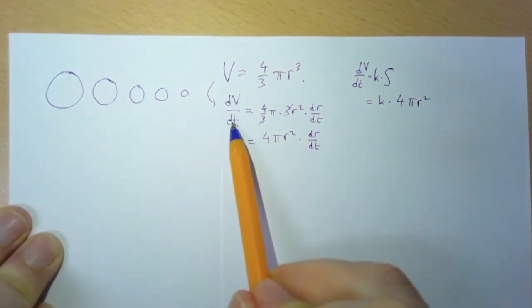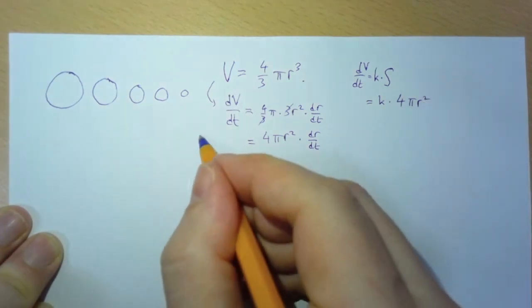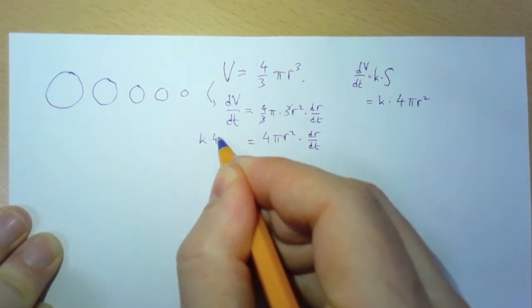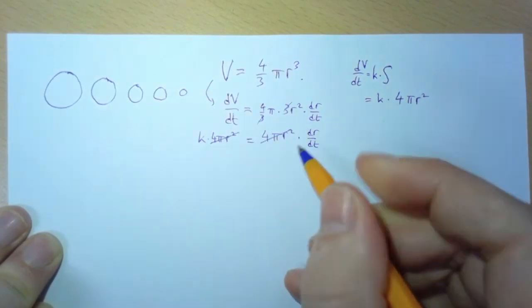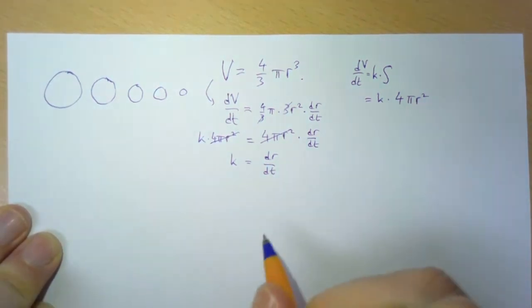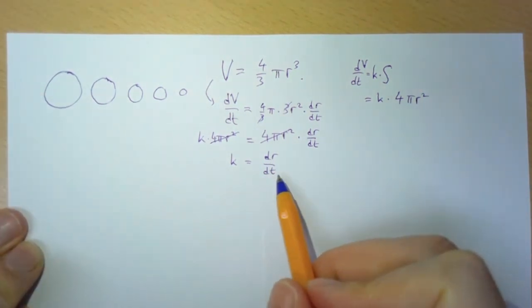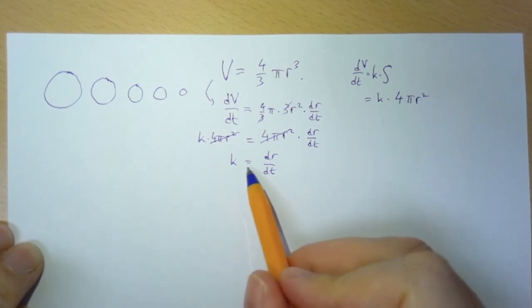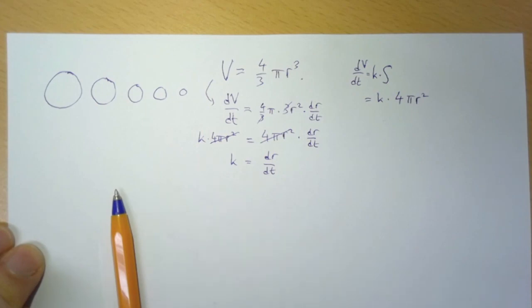But we know that dV dt is equal to k times 4 pi r squared. And look at that, 4 pi r squared cancels out, and we end up with dr dt equals k, which is exactly what we wanted. The rate of change of the radius is a constant. So here the proof is complete.